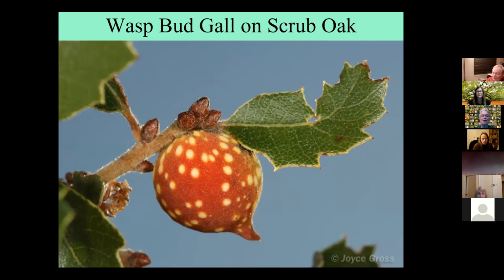This wasp bud gall on scrub oak was on the cover or something like this. This is Joyce's picture, but a very similar picture was on the cover of Ron Russo's original book in 1981, I think, whenever it came out, Plant Galls of California, I think it was called.